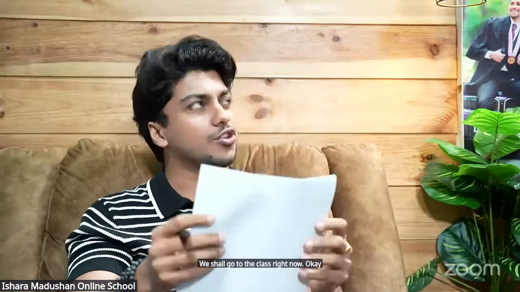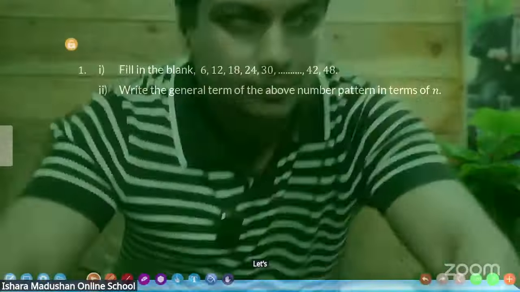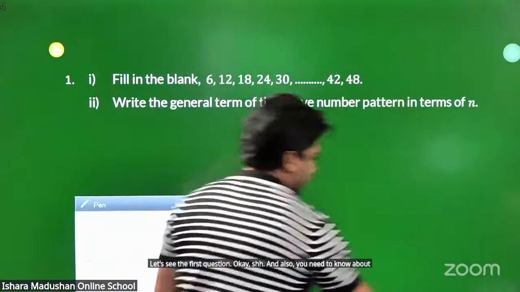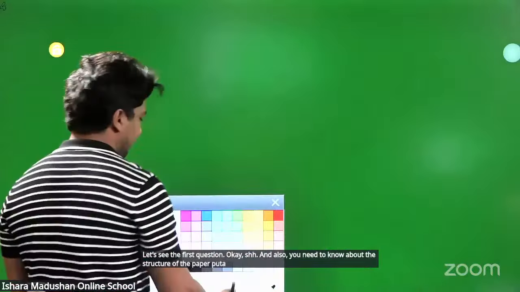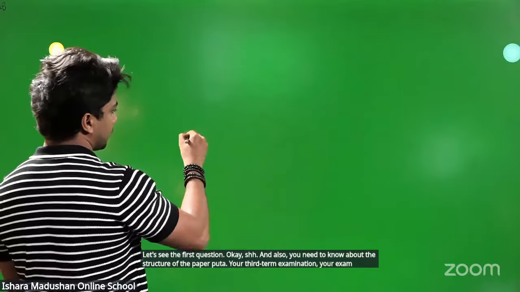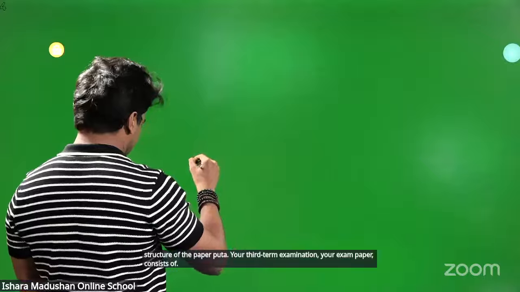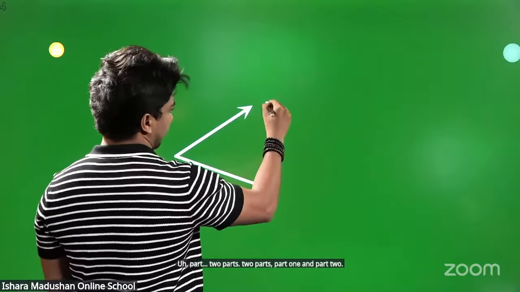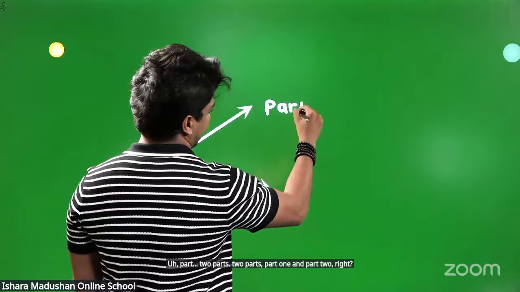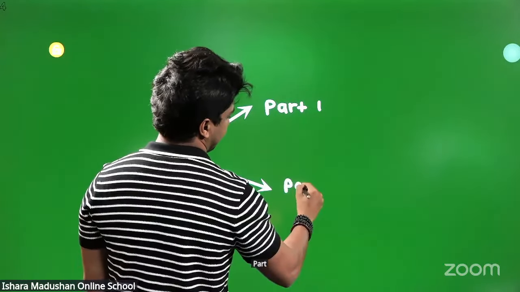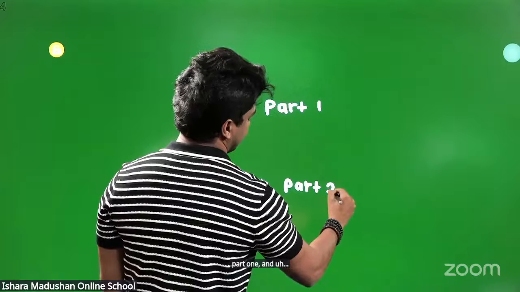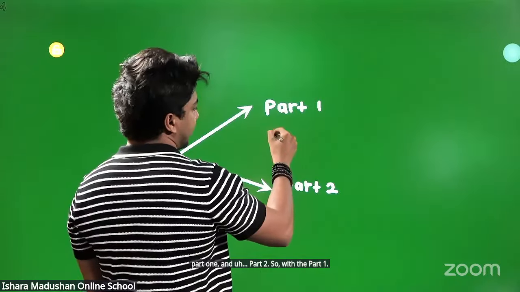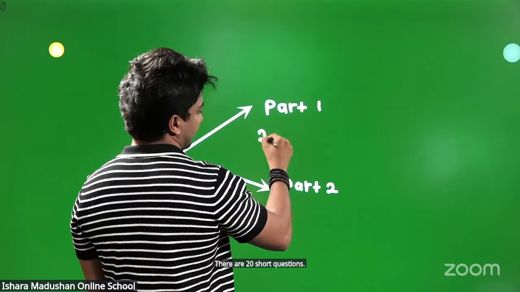Let's see the first question. You also need to know the structure of the paper. Your third term exam paper consists of two parts, part 1 and part 2. In part 1, there are 20 short questions, 2 marks each.